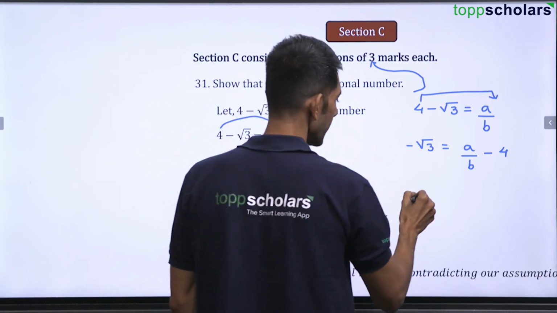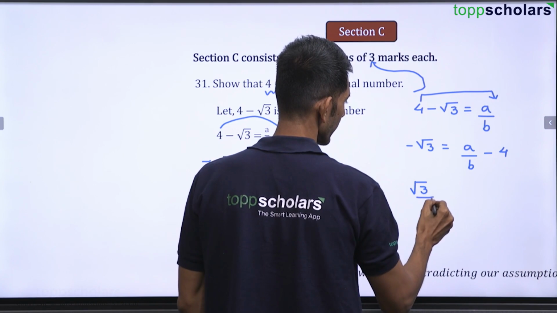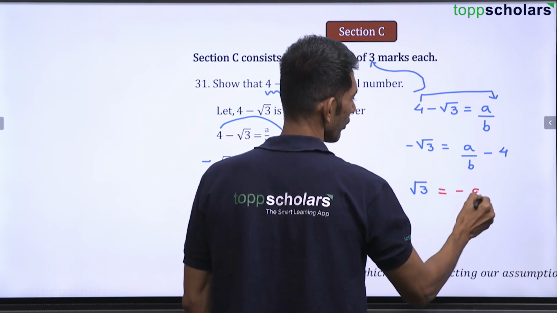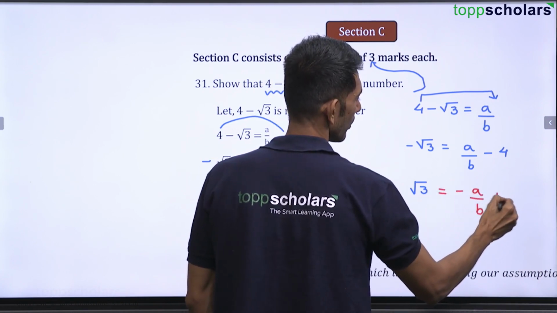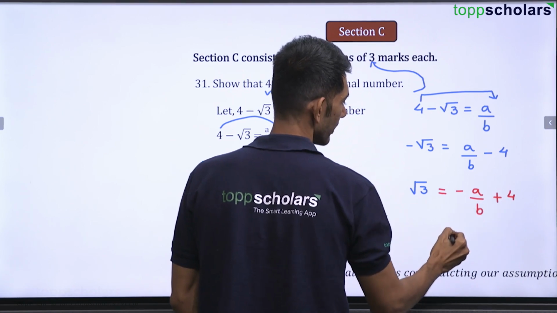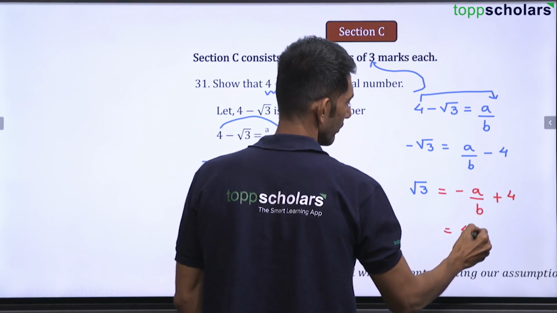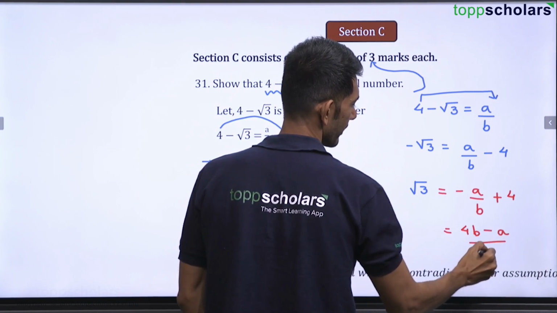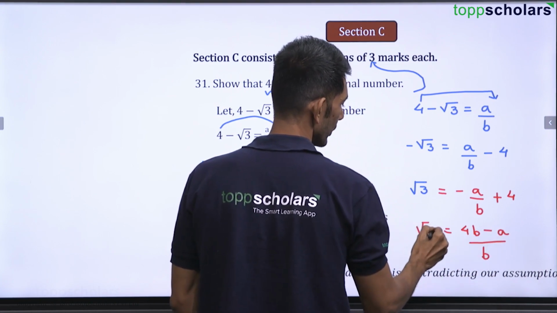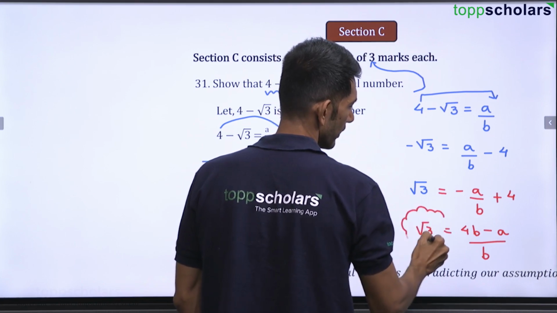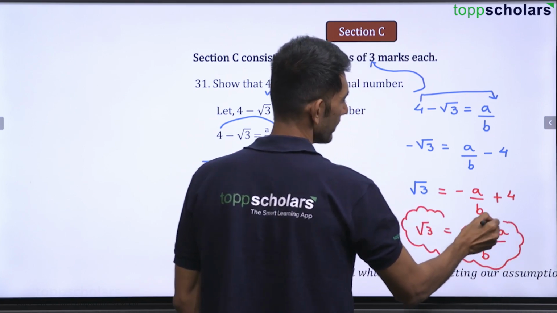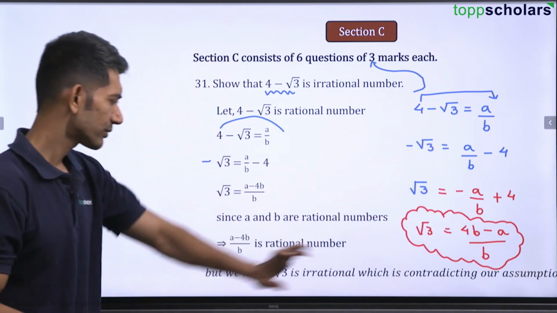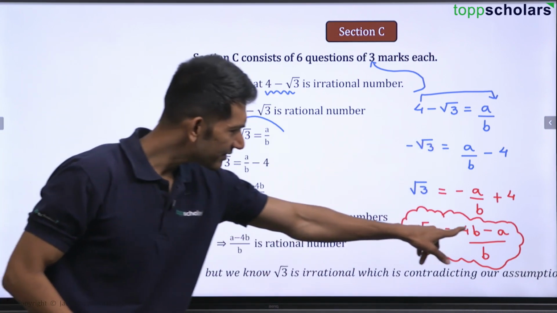So you get root 3 is equal to minus of a by b plus 4, right? So that becomes 4b minus a by b. So root 3 is 4b minus a by b, which is a rational number, right?